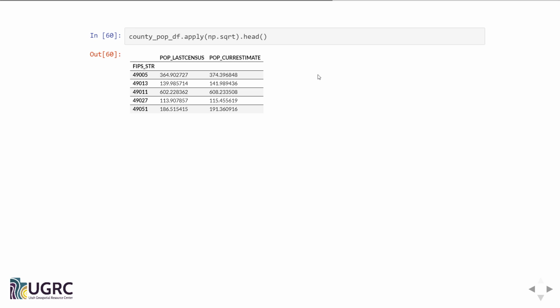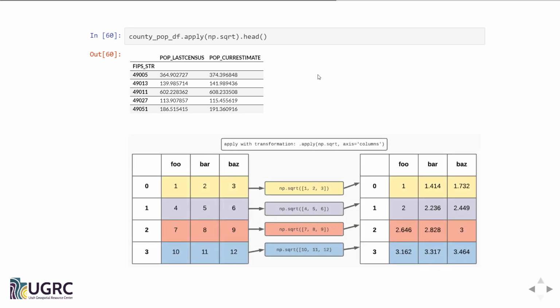But the idea here, again, is this data frame is the exact same shape as our original data frame. We can pass axis equals columns or axis equals rows, but it really doesn't make a difference because we're passing that data in and it's just returning a value for every one.